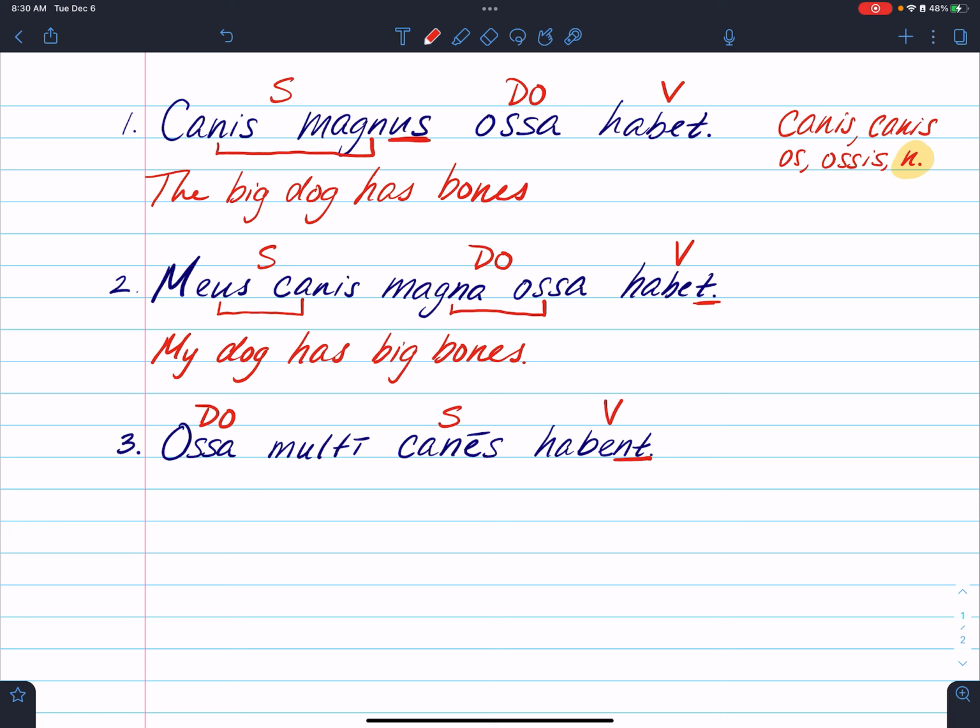Ossa. Okay, now multi. Well, let's figure out whether it's going with ossa or canes. Okay, what do you guys think? Ruth, what do you think? Canes. Why would you say that? What's telling you that?